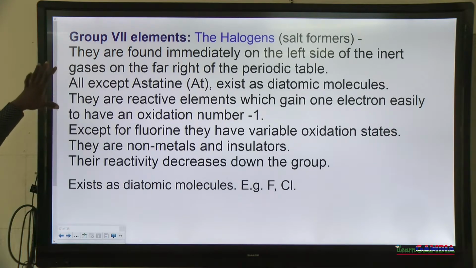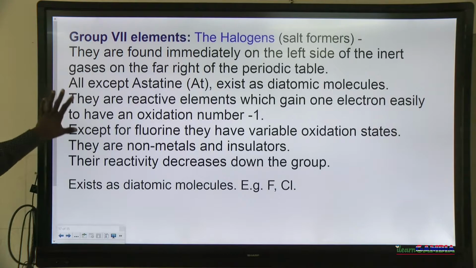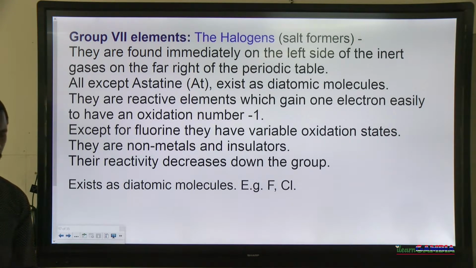Because of that, they are very reactive and they always want to be stable. So they are always found in that state. We are going to explore that kind of linkage later on.